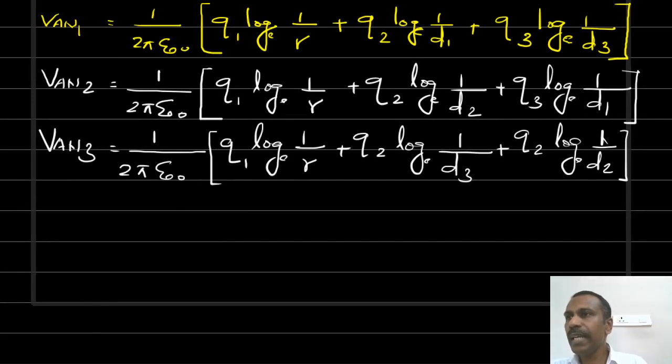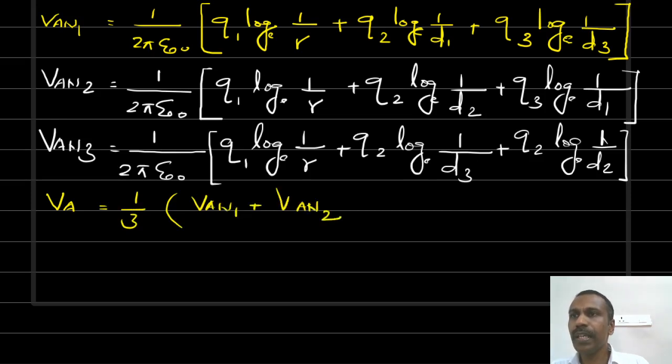Now what is VA? The average potential of the A phase is equal to 1 by 3 of VA-N1 plus VA-N2 plus VA-N3.